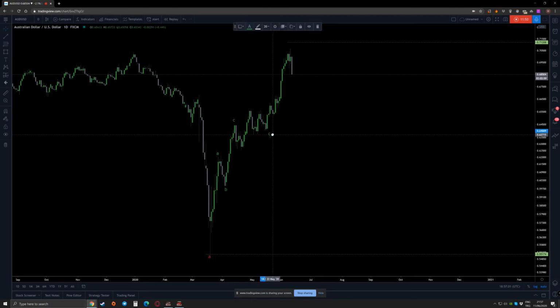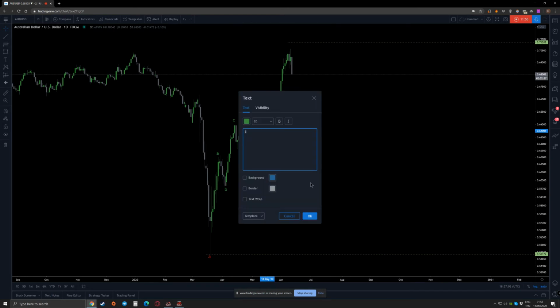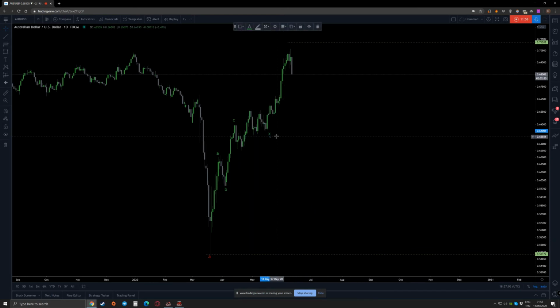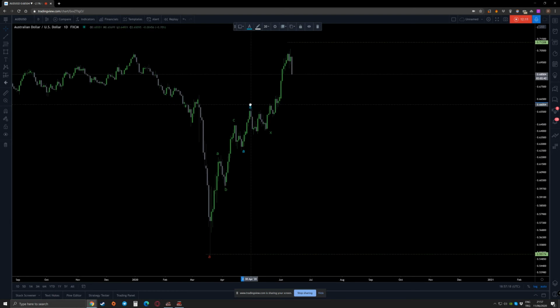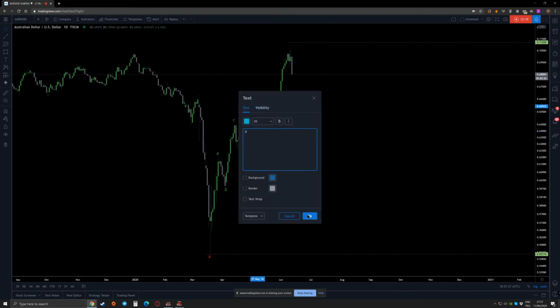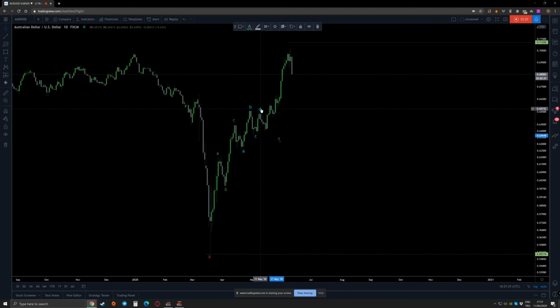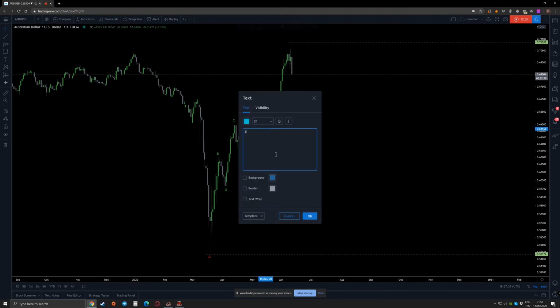Now here's the tricky part. Where can this X wave be? Well, here's an X wave. How? Well, I will show you. So one lower degree this time, this is what this X wave looks like. So wave A here, wave B here, wave C here, wave D here, and a wave E here.